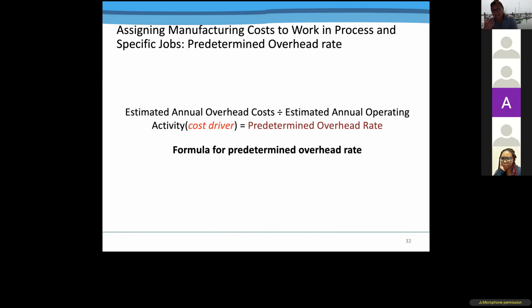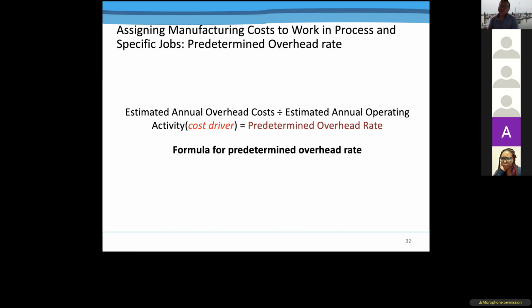Do you know why this is not the actual numbers? Because they haven't happened yet. Very good, because it hasn't happened yet. If you want to do it accurately, you should wait until the very end of the year, so you know the actual cost and the actual activity level. But the sacrifice is that you are not able to assign the overhead on a timely basis. These job orders cannot wait until year end to be assigned overhead.